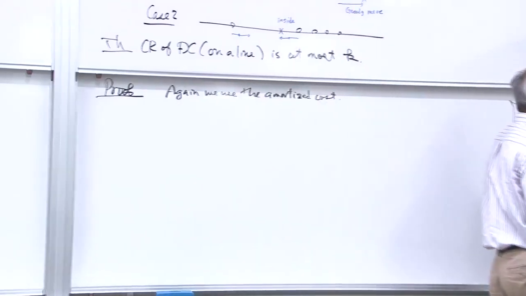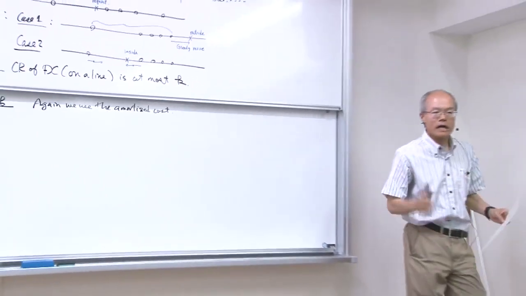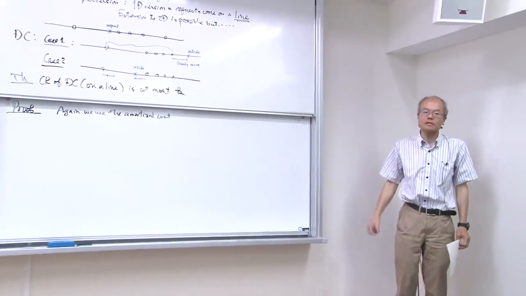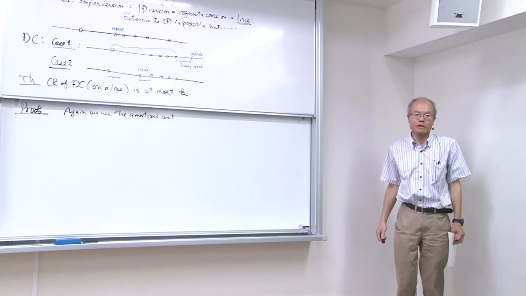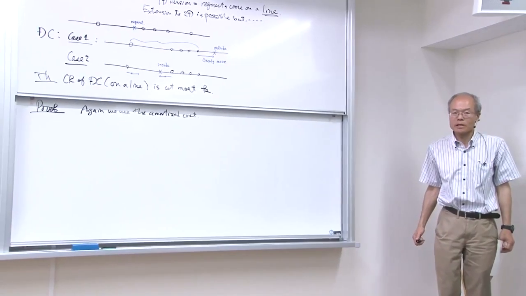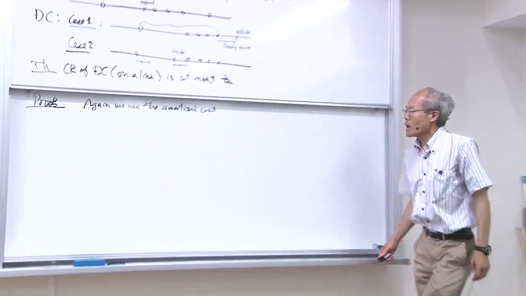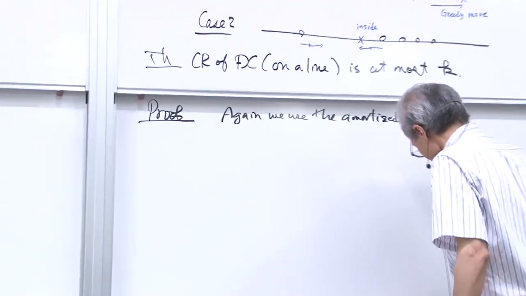The proof strategy is completely the same as before, as before meaning the case of the linear list. Use amortized cost.